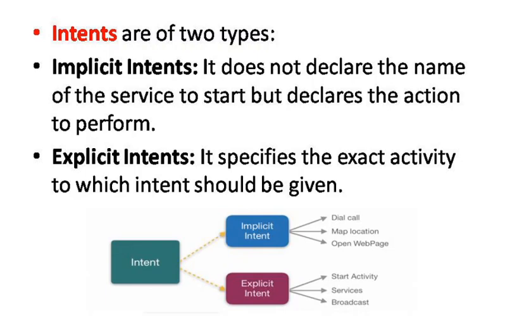With an explicit intent, we have to specify the exact activity to which the intent should be given. For example, dial a call, map location, open web page are classified under implicit intent, and starting an activity, service or broadcast comes under explicit intent.